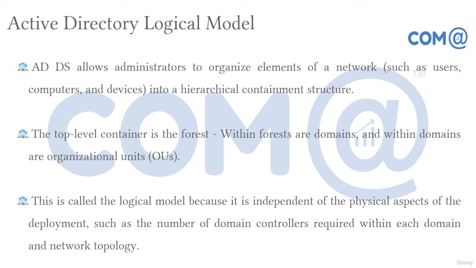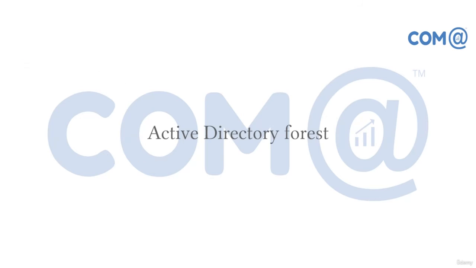And also the top level containers are the forest, within the forest are domains, and within the domains are the organizational units. And this is called the logical model because it is independent of the physical aspects of the deployment, such as the number of the domain controllers required within each domain and the topology.